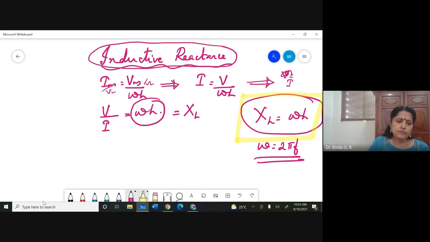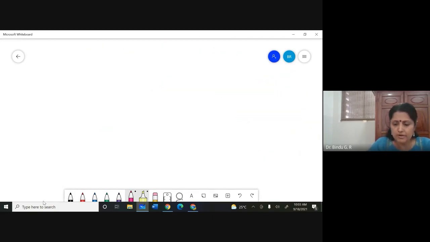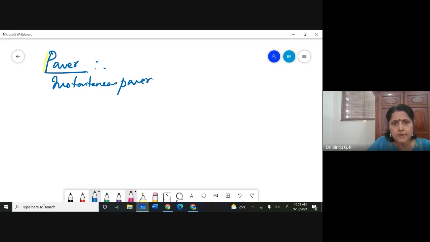Now we come to one more section in this inductive circuit, which is the power. I didn't mention the power. Instantaneous power, small p, was equal to vi, as we did in the case of the resistive circuit also.